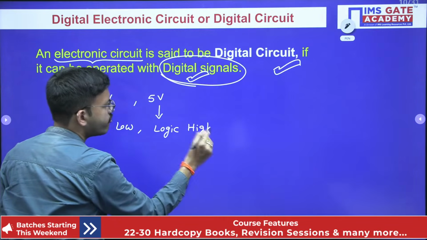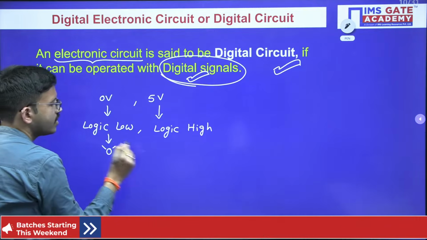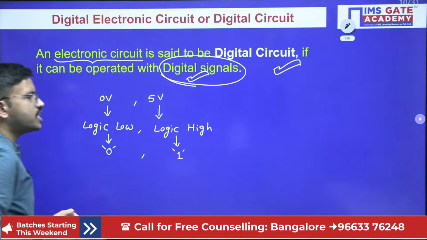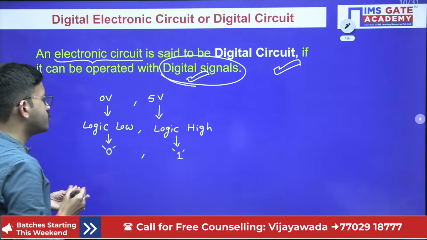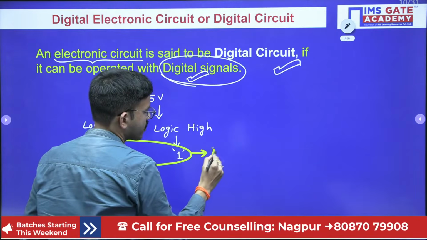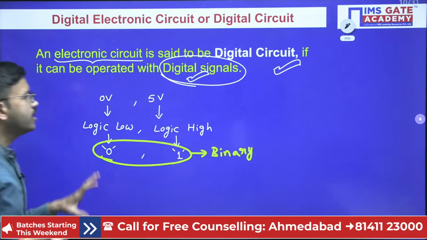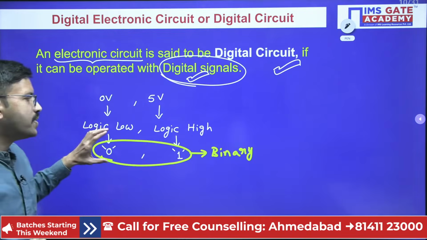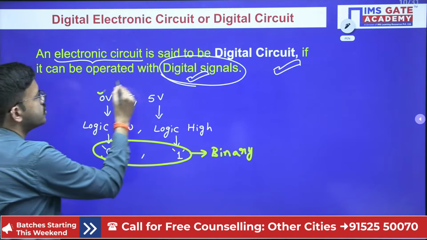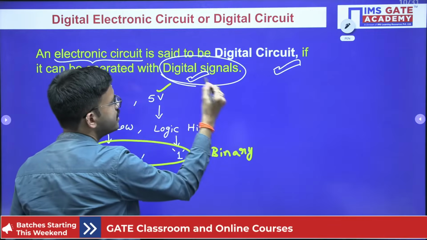Or in terms of values, we will represent this one as bit 0 and this one as bit 1. Whenever you represent in terms of values 0 and 1, we call it binary, because we are using only two possible values. But if you represent that information in terms of an electrical signal, then we use voltages 0 volt or 5 volt, so we call that signal a digital signal.